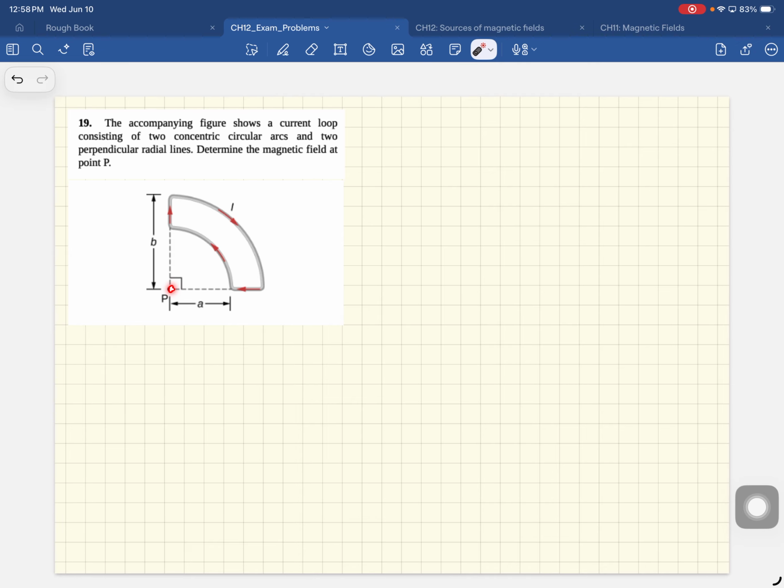A quarter of 2 pi a. So what I'm going to do is write it as 1 over 4 mu naught I over 2a.